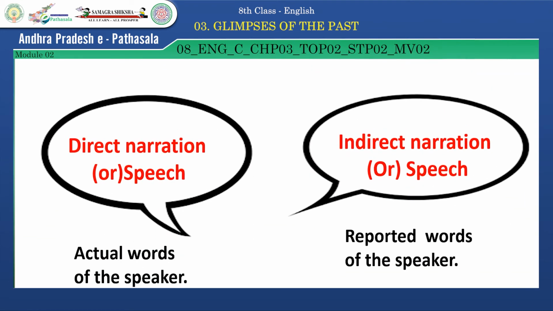We have direct speech or direct narration, that means the actual words of the speaker, and the reported words of the speaker are said to be indirect speech or indirect narration.